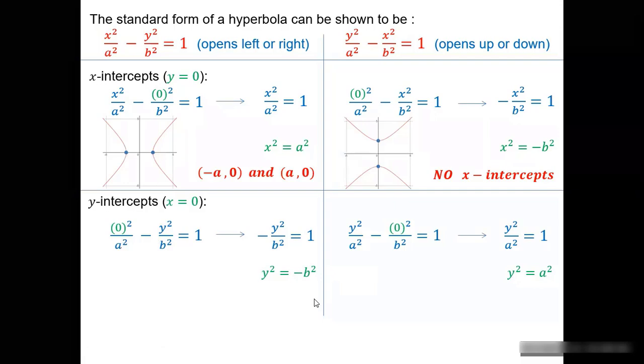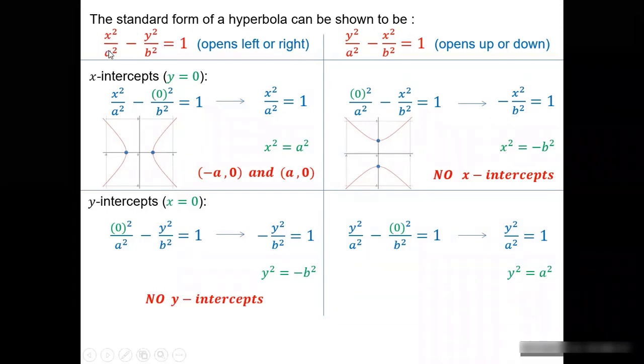So what we're seeing here is that since y squared can never be negative, there are in fact no y-intercepts. That should make sense because if we're looking at this equation, we know that since x comes first, it's opening left and right, so there will be x-intercepts, but there's a gap in between the two branches of the hyperbola, so there shouldn't be any y-intercepts.